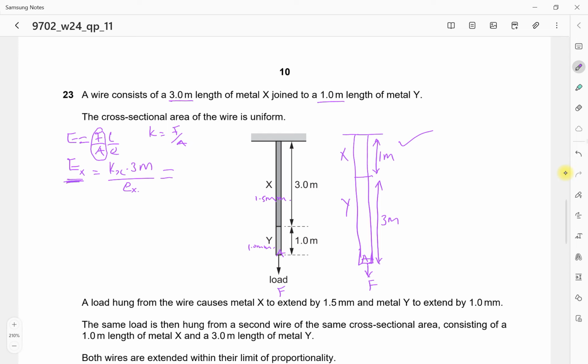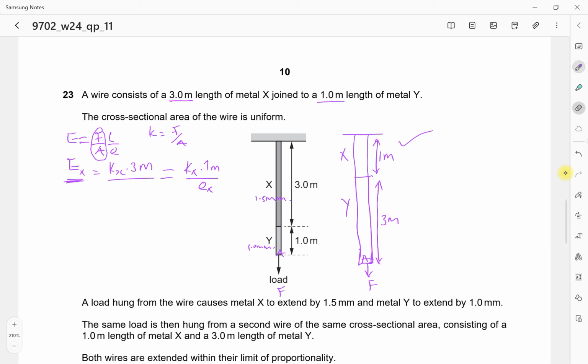It is the same for X, whether it is a shorter X or a longer X. So this is going to be the same as K, that is the force over area, which is going to remain the same. So it will be K for X times the length, this side is 1 meter, over the extension for X, which is not known. But the first one was known.